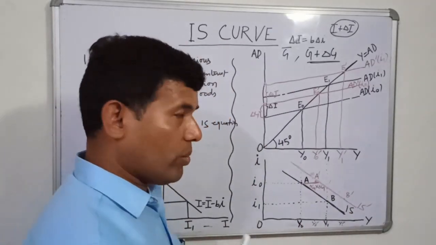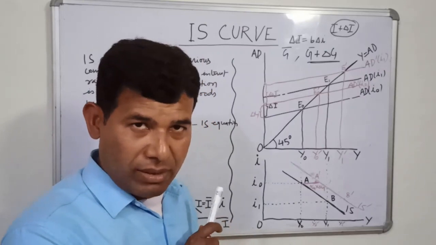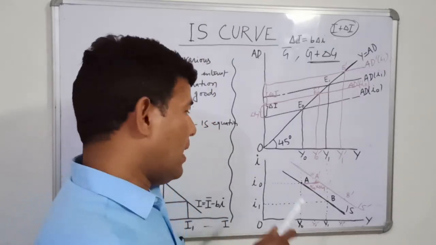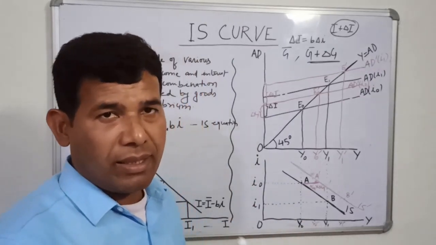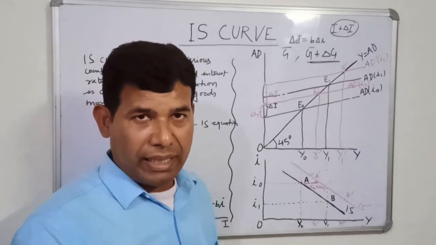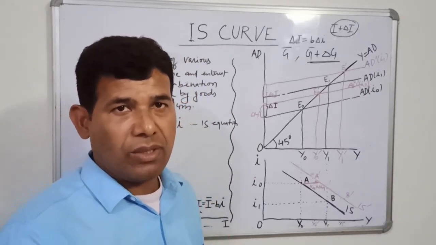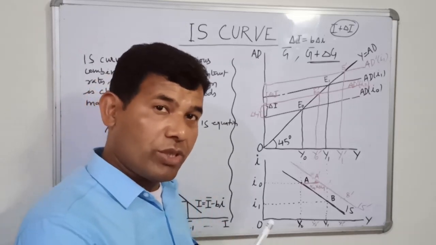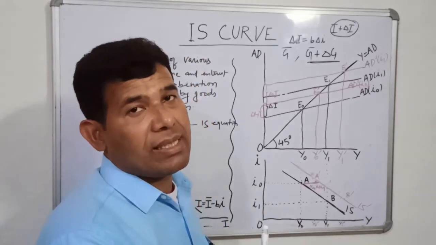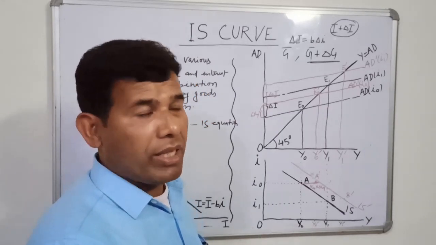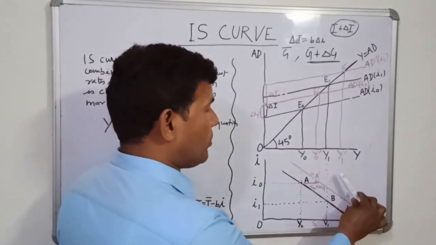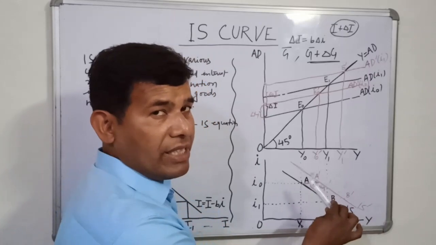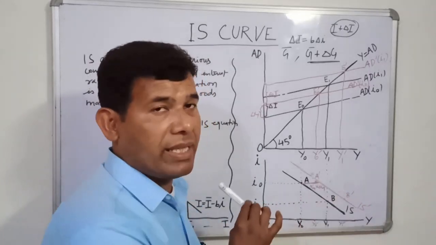We get, number one, that the IS curve is downward sloping. The IS curve shows various combinations of income and interest rate, where each combination would be characterized by equilibrium in the goods market. And when there is expansionary fiscal policy, the IS curve will shift rightward. The slope of the IS curve will not change, only the location of the IS curve would change.